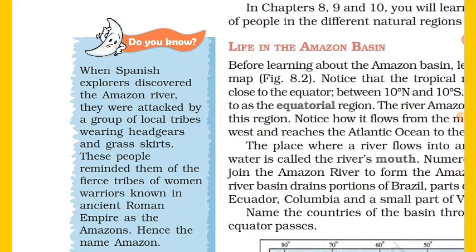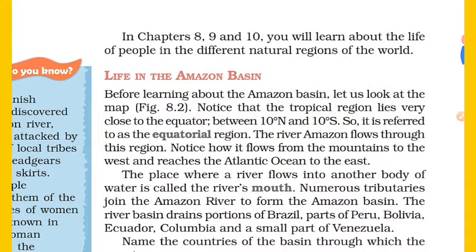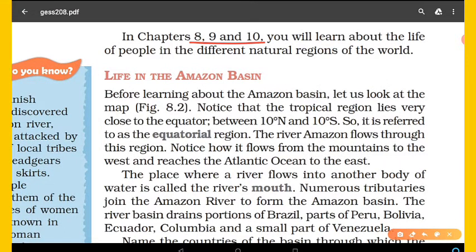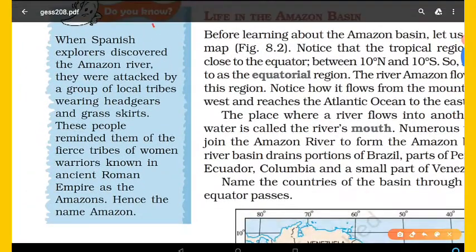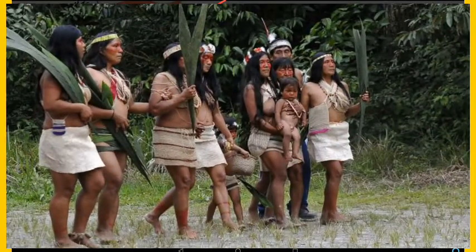Now we'll see something in the next topic. In chapters 8, 9 and 10, we will learn about the life of people in different natural regions of the world in this book. But first of all, do you know, when Spanish explorers discovered the Amazon River, which flows in South America, they were attacked by a group of local tribes wearing headgears and grass skirts.